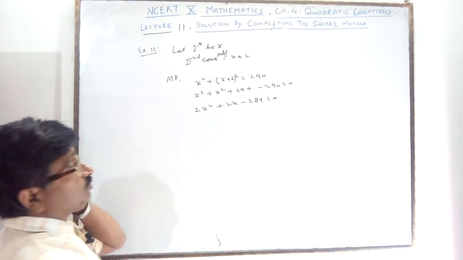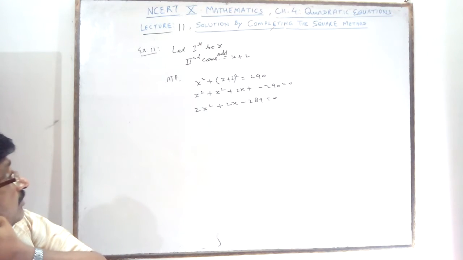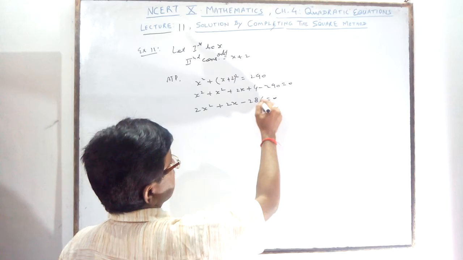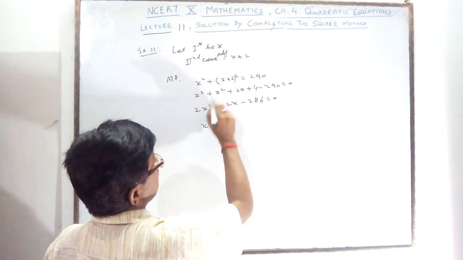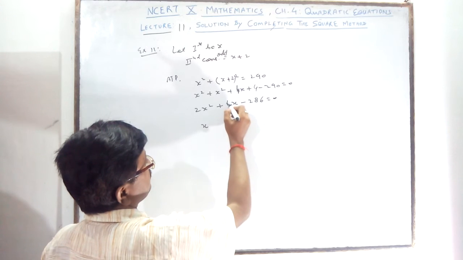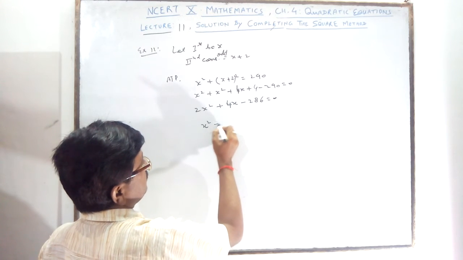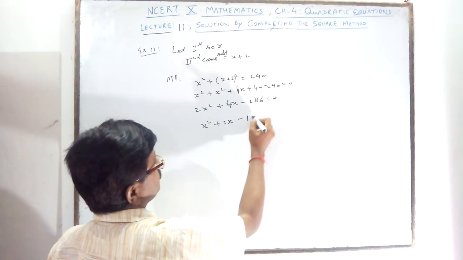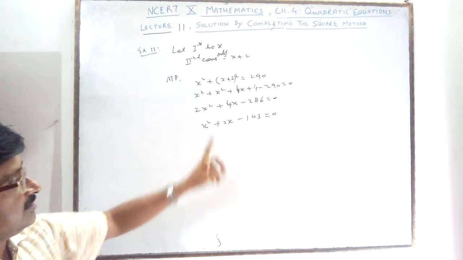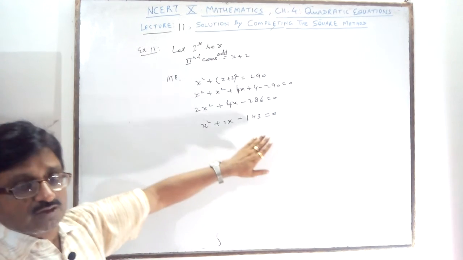So 2 consecutive numbers, x and x plus 2. So you are getting x square plus 2x minus 143.